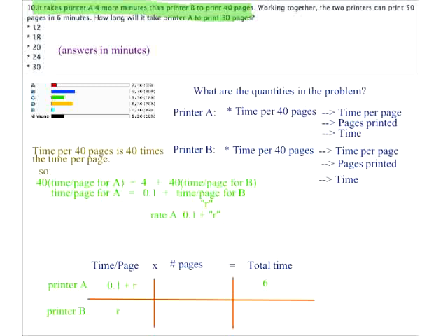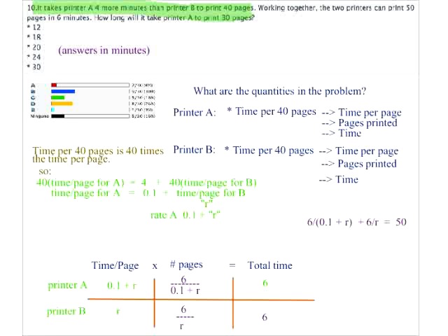You can do division. So that's 6 over 0.1 plus R, and 6 over R. And then you know that the number of pages is 50. So 6 over 0.1 plus R plus 6 over R equals 50. So that's kind of annoying.